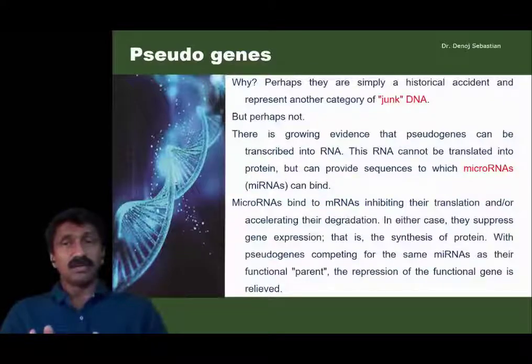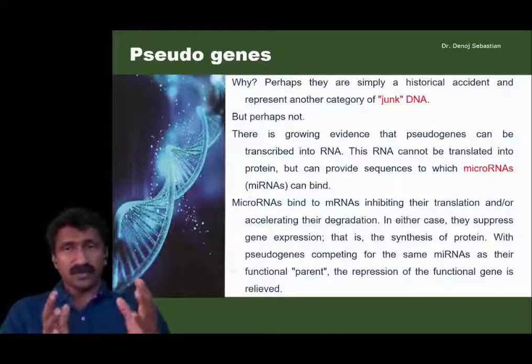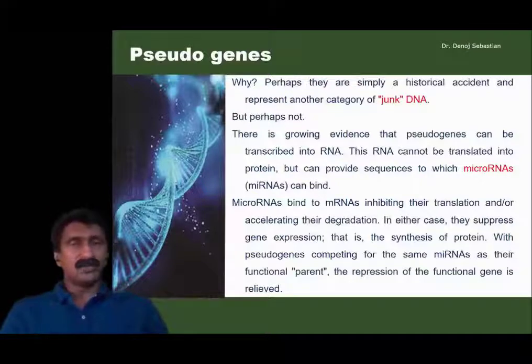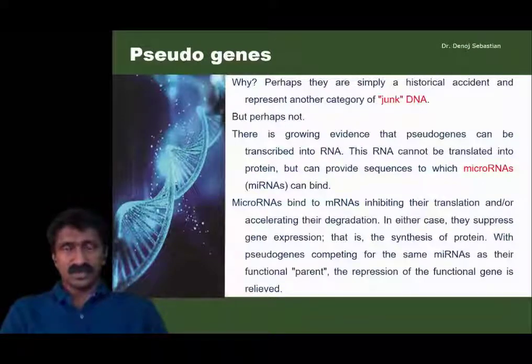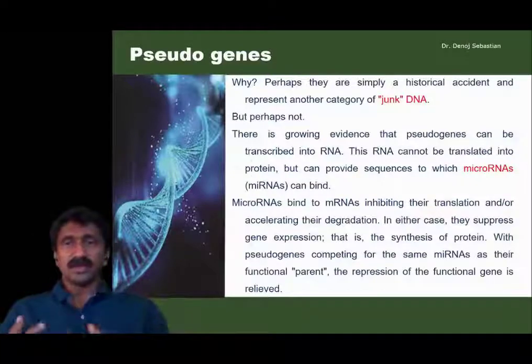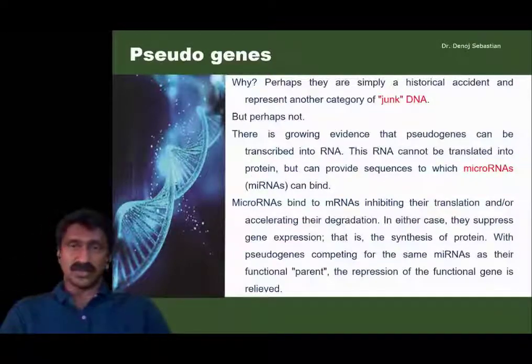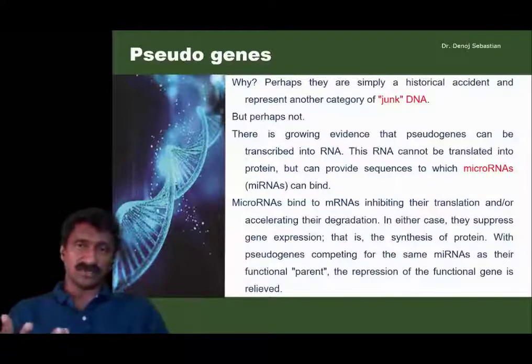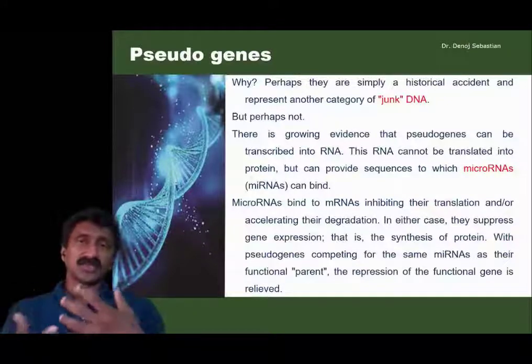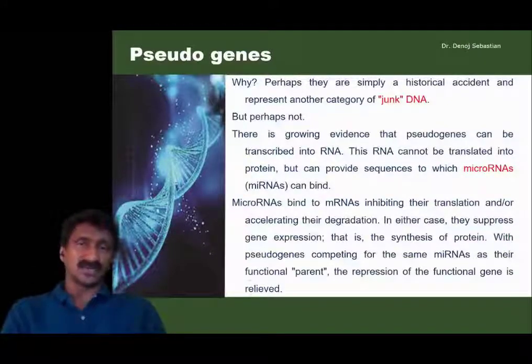But if you have multiple copies of the pseudogenes along with the functional gene, then the miRNAs have to block the functional gene and also the pseudogenes. So the available miRNAs will have to compete with the pseudogenes to reach the functional gene. So the result is that the functional gene will be relieved of its repression by the miRNAs.